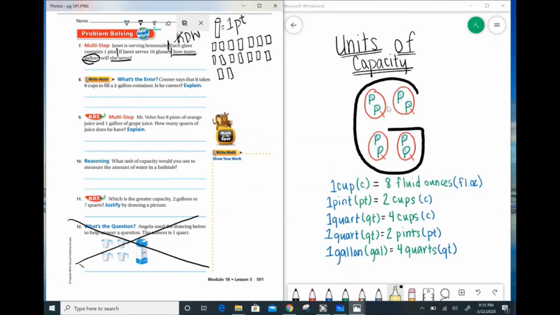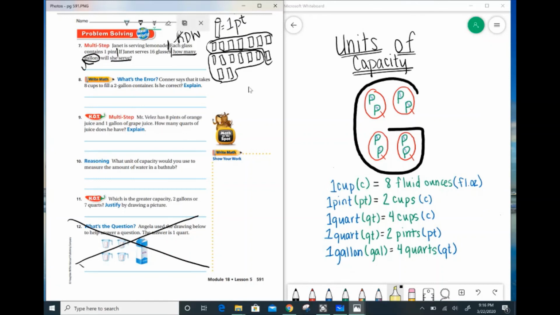And in each gallon, I have 1, 2, 3, 4, 5, 6, 7, 8 pints. So I know 1, 2, 3, 4, 5, 6, 7, 8. This is going to be 1 gallon. Now 1, 2, 3, 4, 5, 6, 7, 8. This is going to be another gallon. So I know Janet serves 2 gallons of lemonade.